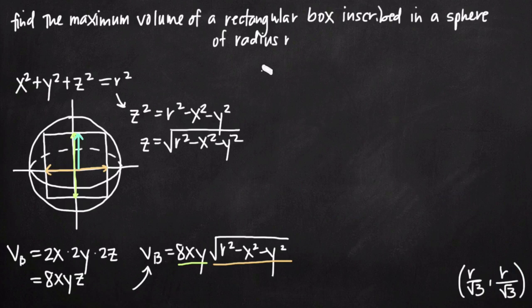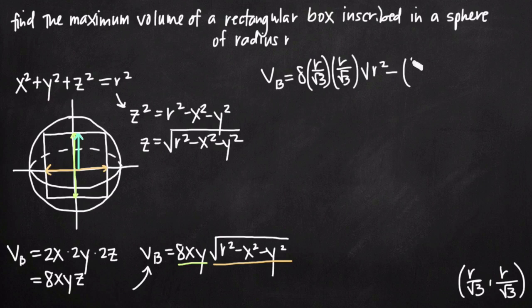When we plug in that point, we'll get volume of our box is going to be 8 times r over root 3 times r over root 3, and then we multiply by the square root of r squared minus r over root 3 squared minus r over root 3 squared like this, and we put this all under our square root sign. Now we just need to simplify.